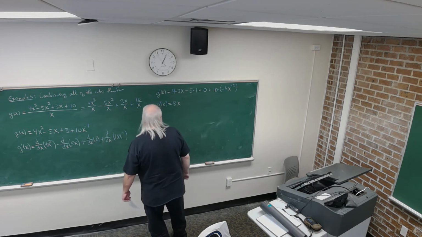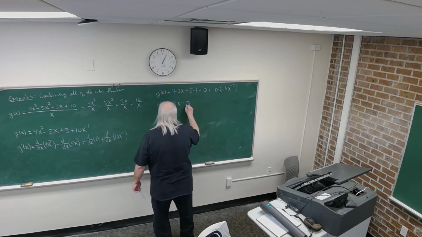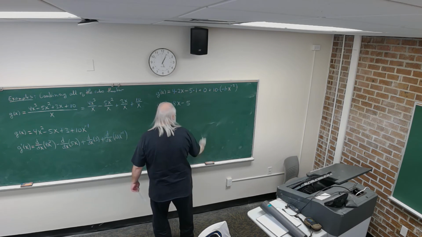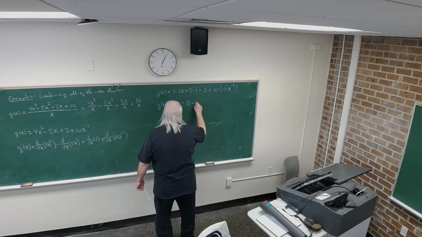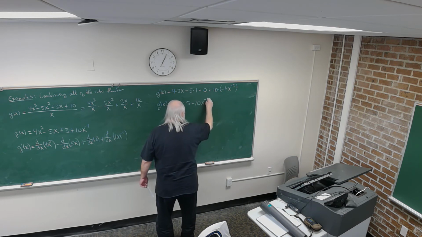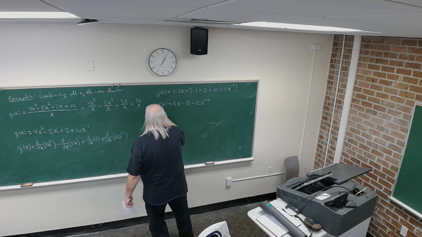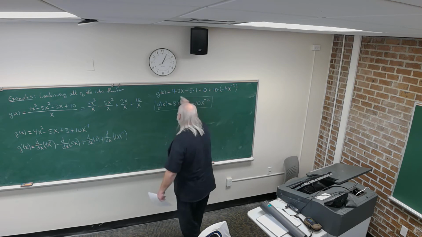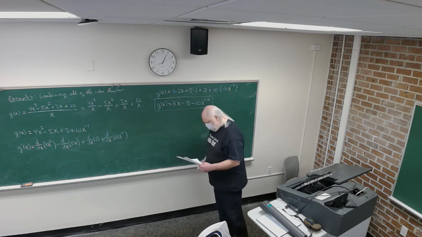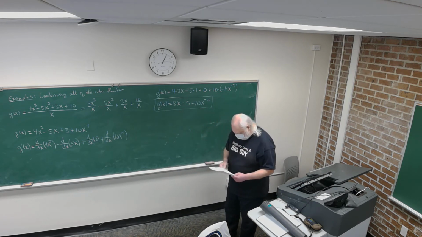Four times 2x is 8x. Minus 5 times 1 is minus 5, plus 0 is 0. 10 times minus 1 is minus 10. So we have minus 10 times x to the minus 2. Okay.